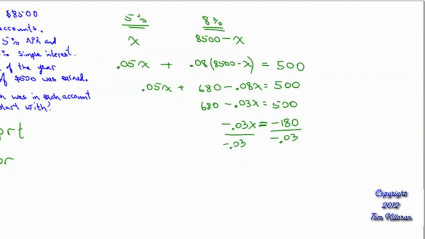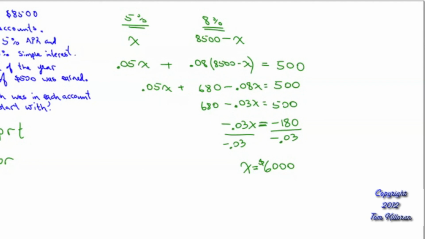So my algebraic answer is x equals $6,000. So, what is the answer to the question? How much was in each account to start with?